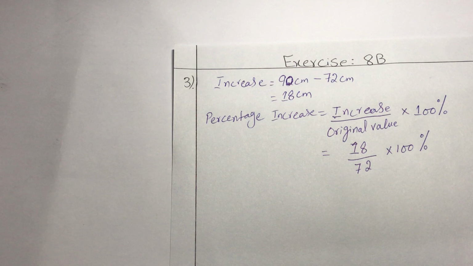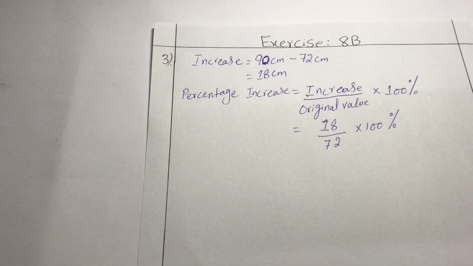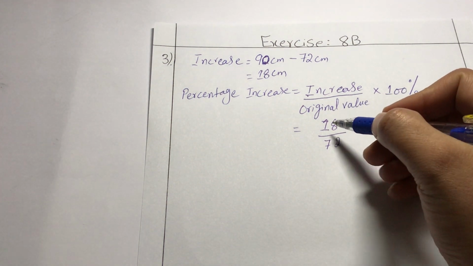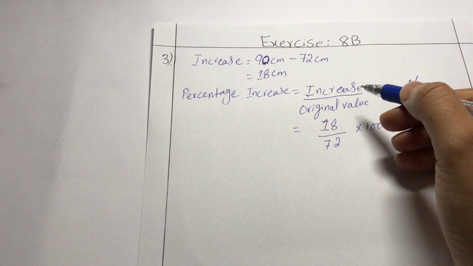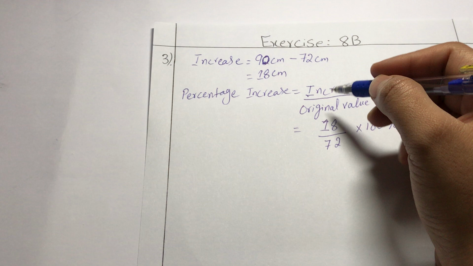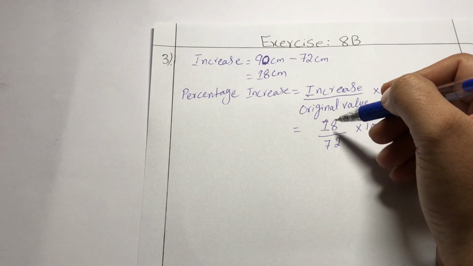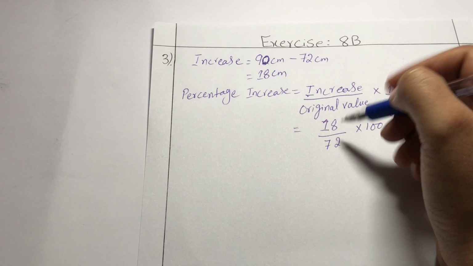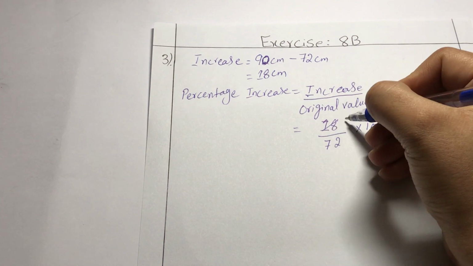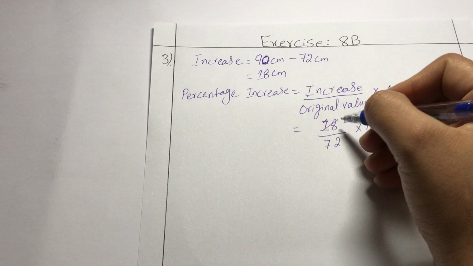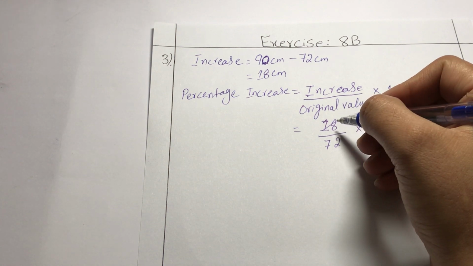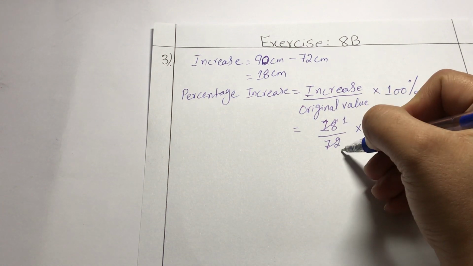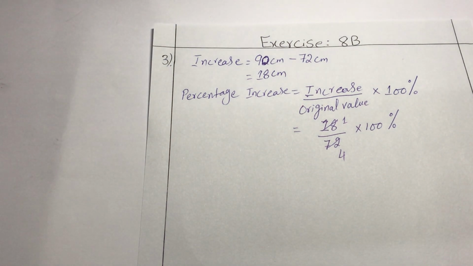Now simply what you have to do is the simplification. And how will we do that? 72 is divisible by 18. If you can't do the division directly by 18, you can do it with the table of 9. You can do it with the table of 2 as well, right? So 18 ones are 18 and 18 fours are 72, right?